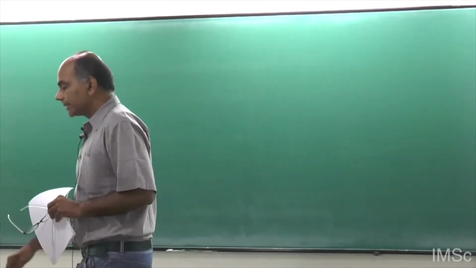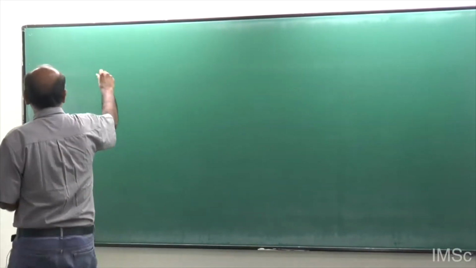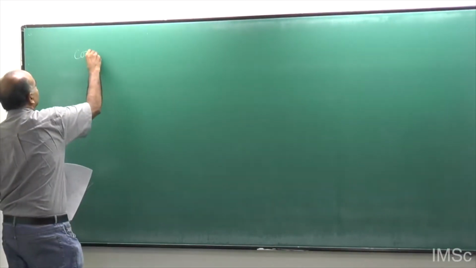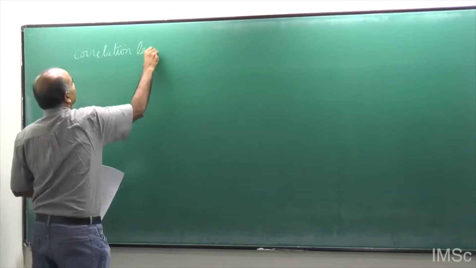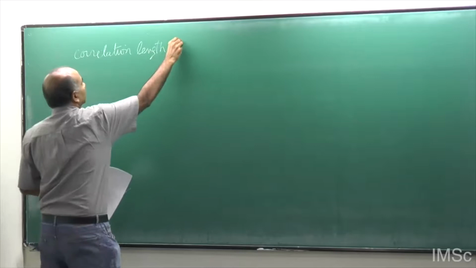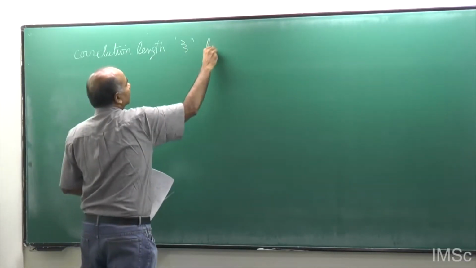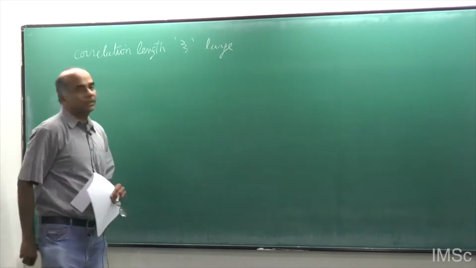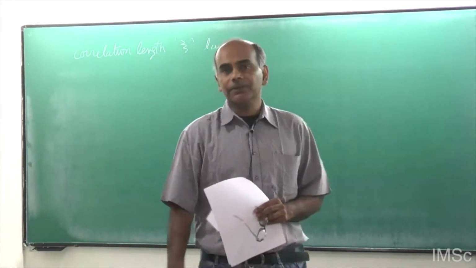So the correlation length was an important quantity. So I'll just write it here. When this is large, that is where the renormalization group helps. Okay, so that's the first point.